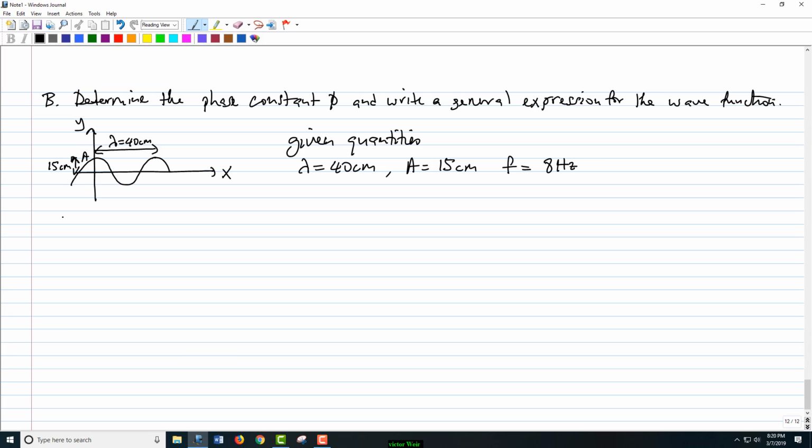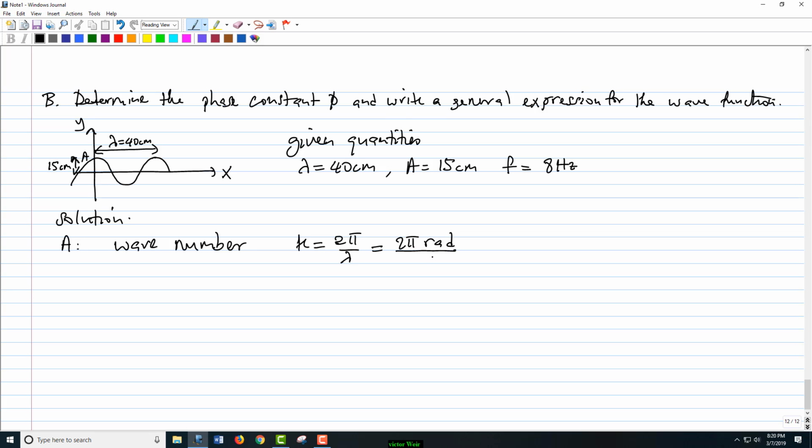Okay, so now we can start our solution. So for A, first thing is to find the wave number. The formula for wave number is given by k equals 2 pi divided by lambda. And we can say this is equal to 2 pi radians divided by the wavelength of, sorry, the wavelength is 40 centimeters.